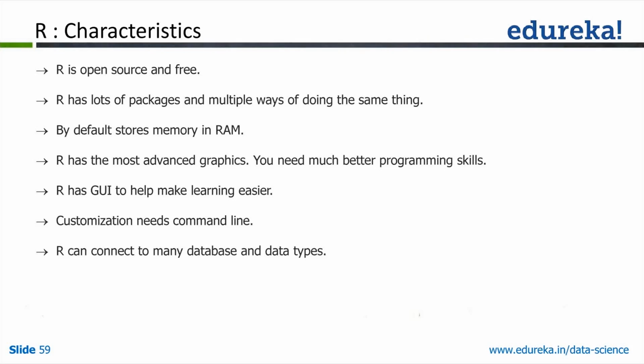Another very important characteristic of R is that it stores the data in memory. It runs on a single machine and stores all the data in memory. So if you want to process a particular data set, the R instance that you run on your machine will read it from the disk, put it into memory, and then subsequently operate on that memory.